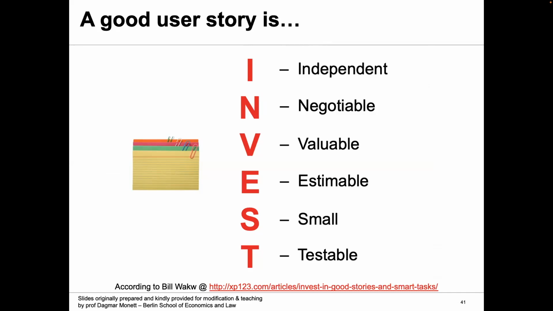Independence here means that when you are writing a user story, you don't have any dependence on another user story, and the team can work on it independently without having to depend on another user story. So independence is a key criterion for a good user story.